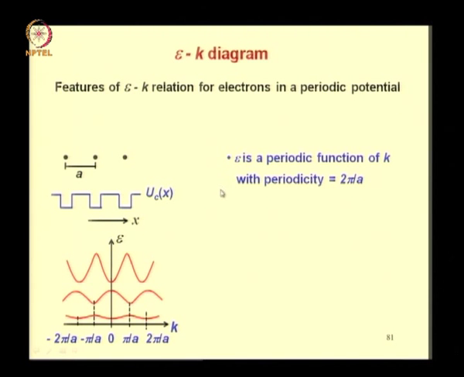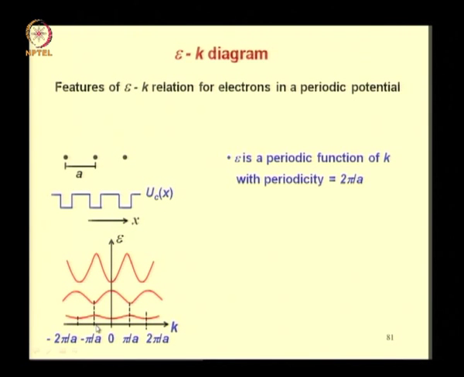The first feature of the EK diagram of electron in a crystal is that E is a periodic function of k with periodicity 2 pi by a. You can see this here. So the EK relation is a periodically varying function and the period is 2 pi by a.